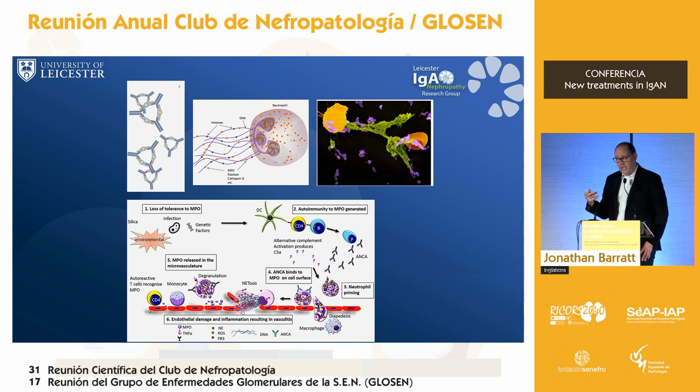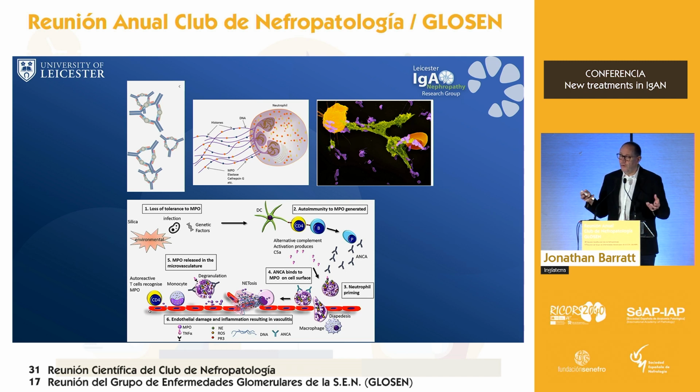Now, unlike in ANCA-associated vasculitis, what we think is happening is that it is the IgA immune complexes that are priming the neutrophils. And it is changes in the IgA complexes that are determining the frequency of relapse. And so if you have particular types of immune complexes, they prime neutrophils and you get the vasculitis. And if you're in remission, those immune complexes subtly change.